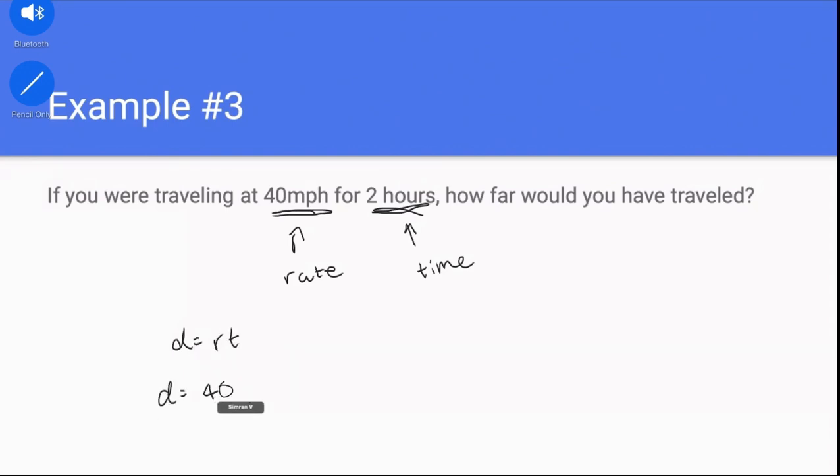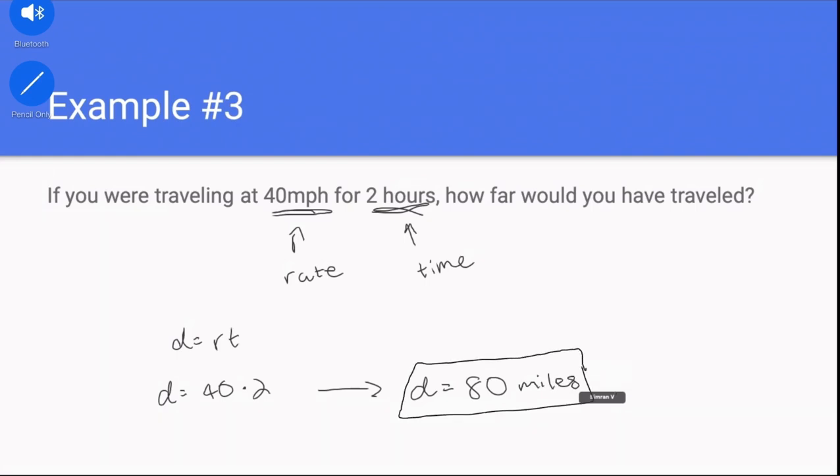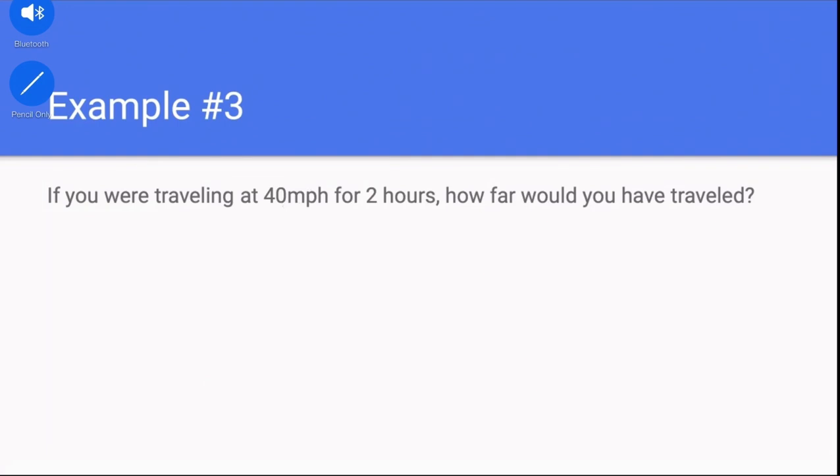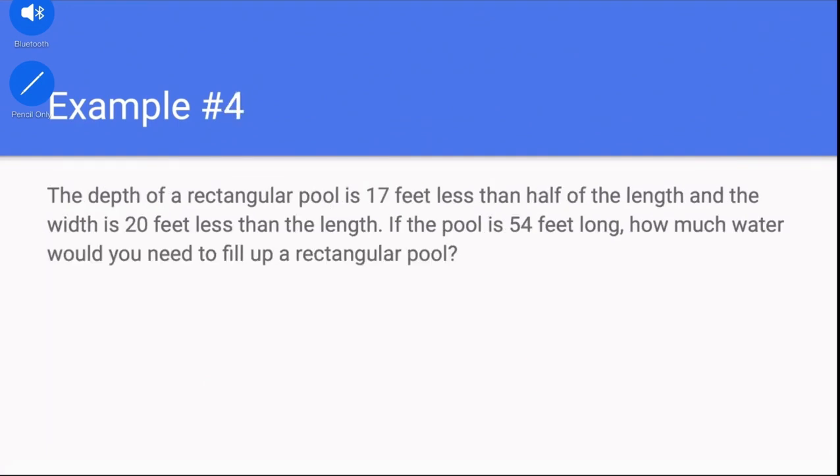D equals 40 times 2, and that's going to be equal to distance equals 80 miles. It's going to be miles because, well, that's how distance is measured, and also miles per hour, miles. You could always look at those, and it'll tell you what the distance is going to be measured in and how it's going to be counting time.